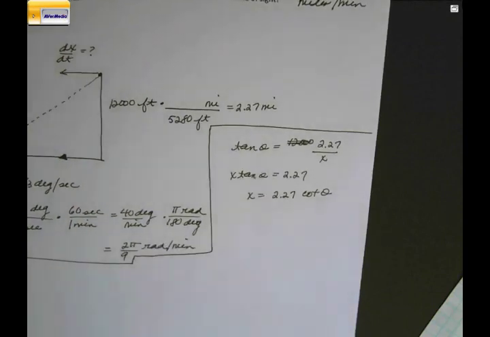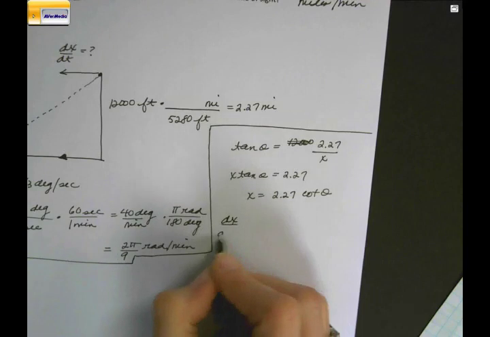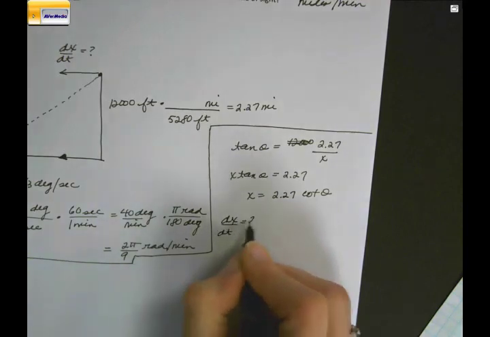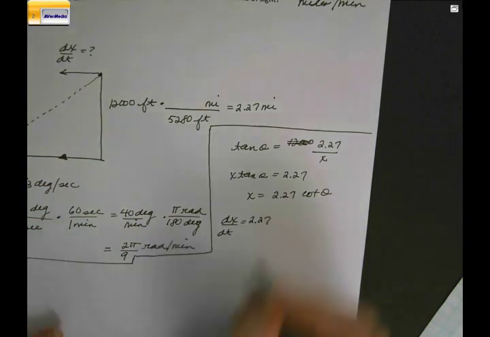Okay, let's take the derivative. Oh, the derivative. Okay, the derivative now will be dx dt equals 2.27, and the derivative of cotangent is negative cosecant squared.